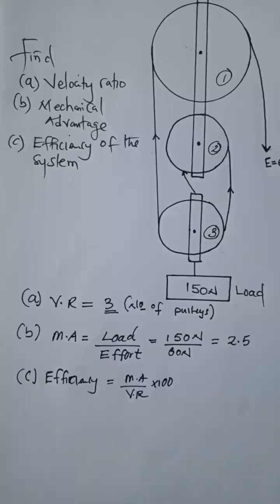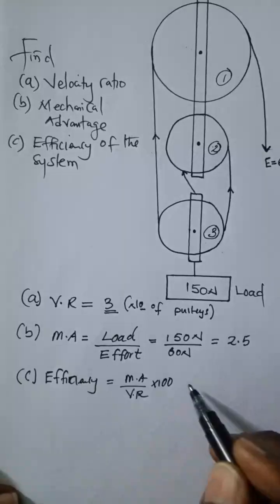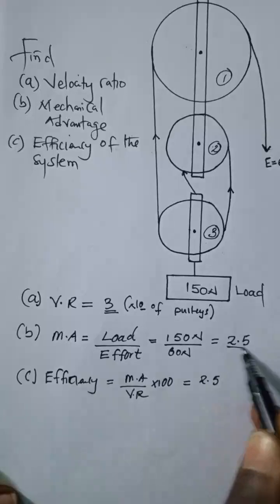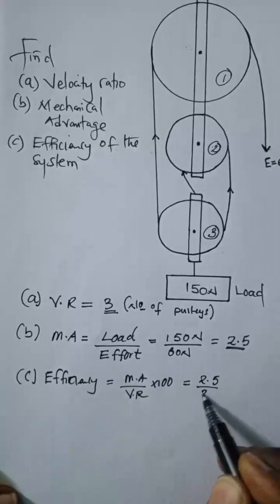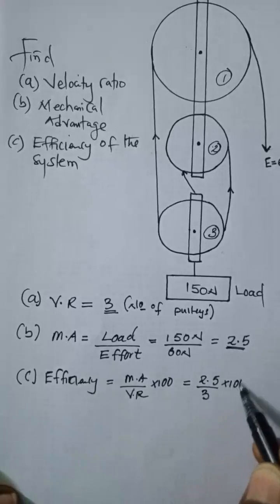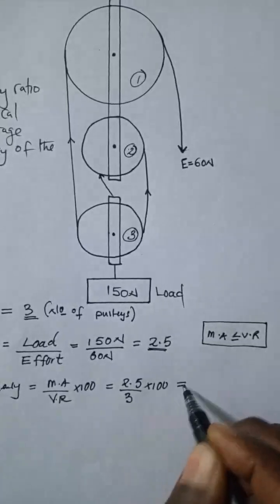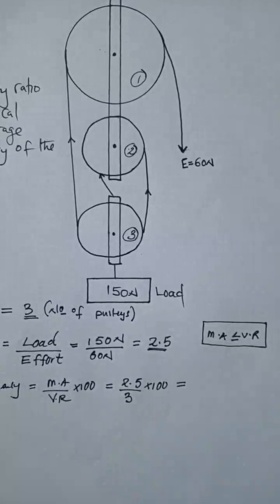It just shows you how efficient a machine is in terms of what has been put in and what has been put out, in the ratio of the mechanical advantage and the velocity ratio. So what is our mechanical advantage? 2.5. It also doesn't have units, by the way. And over 3 multiplied by 100.